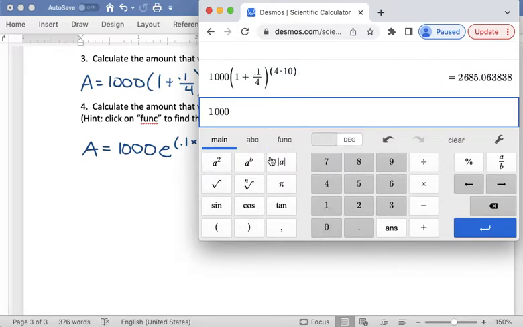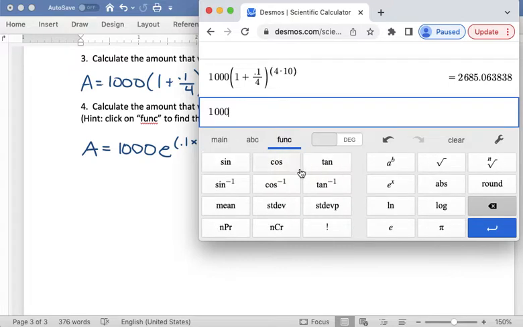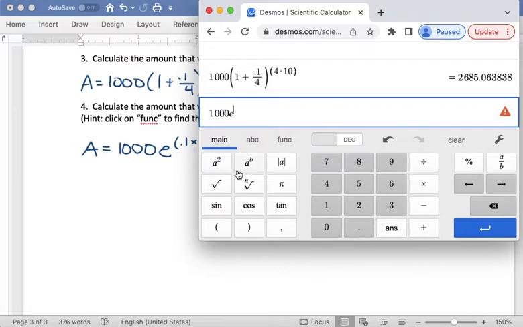And then to find the E button, you can see there's some special buttons here that you can use, but there's not the E. The E is under the FUNC, which stands for function. There's actually 2 E buttons there. There's one that's E to the X, and there's one that's just E. You can use either one. The E to the X button automatically puts your cursor in the exponent, so it saves you a click, but the E button works just fine too, and then you can go back to main, where you can access the exponent key.